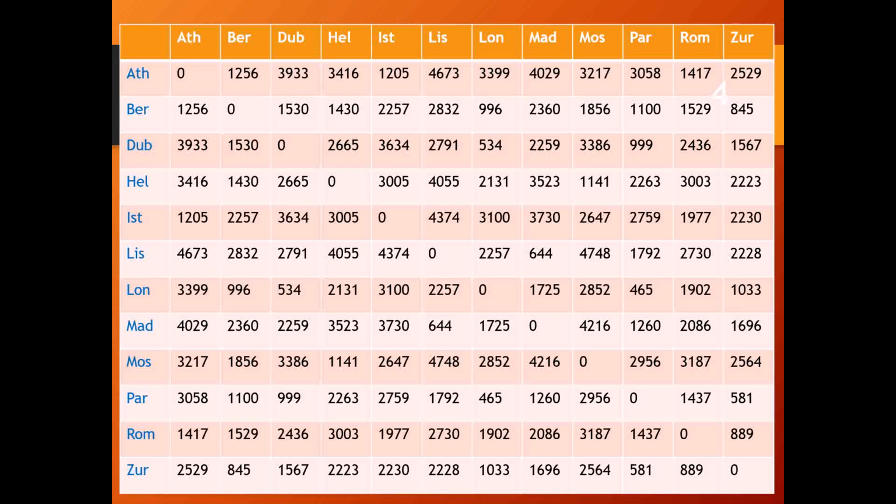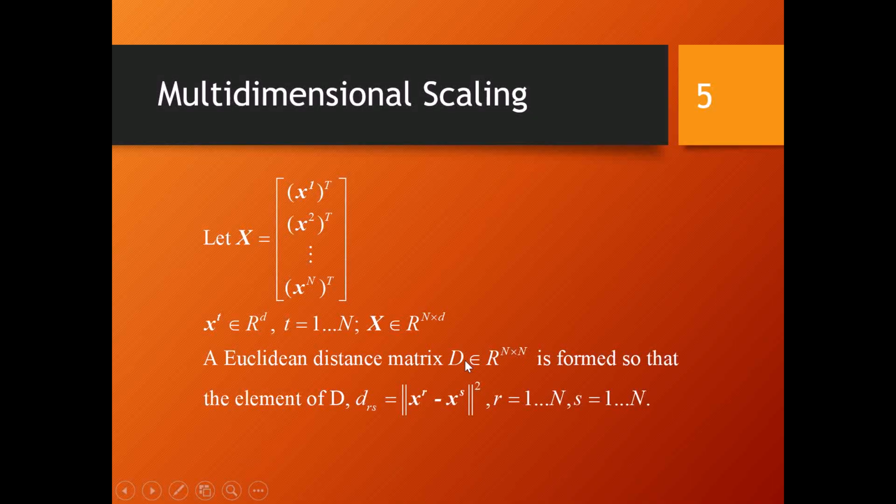For MDS, we hope that we can keep those relationships, all right? So we will have this matrix called D, which is an n by n square matrix, and every element contains a scalar, which is the distance between two vectors, right? And this is what's going on for MDS.